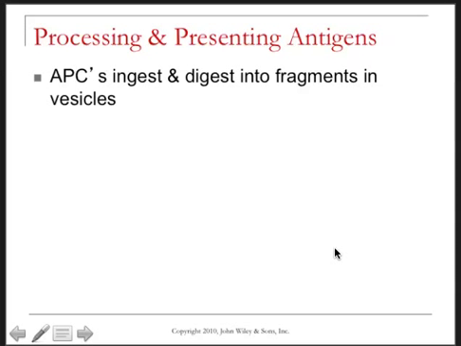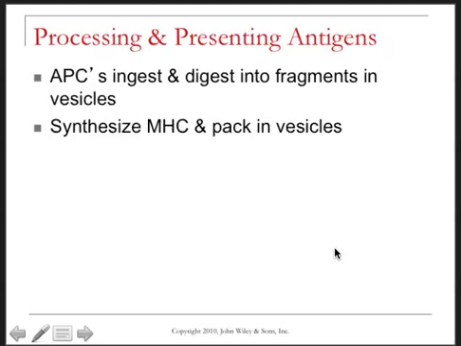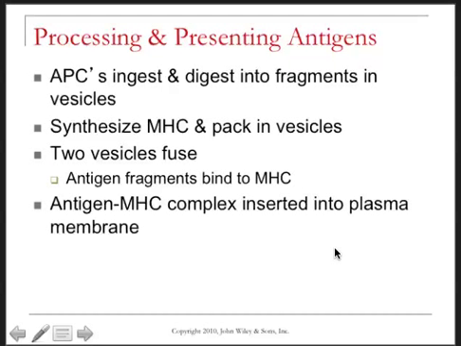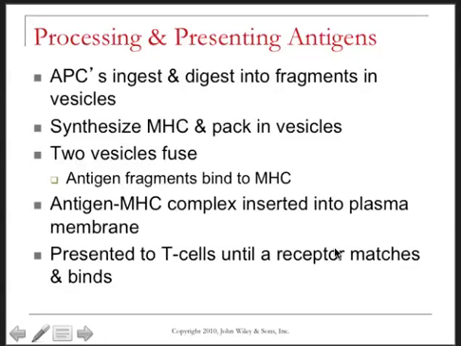Antigen-presenting cells ingest and digest the bad guy into little pieces in vesicles. They synthesize MHC protein and pack it into the vesicles. The two vesicles then fuse, and the antigen fragments bound to the MHC are inserted into the plasma membrane, and this is the warning signal that tells the immune system that there is a stranger in town.